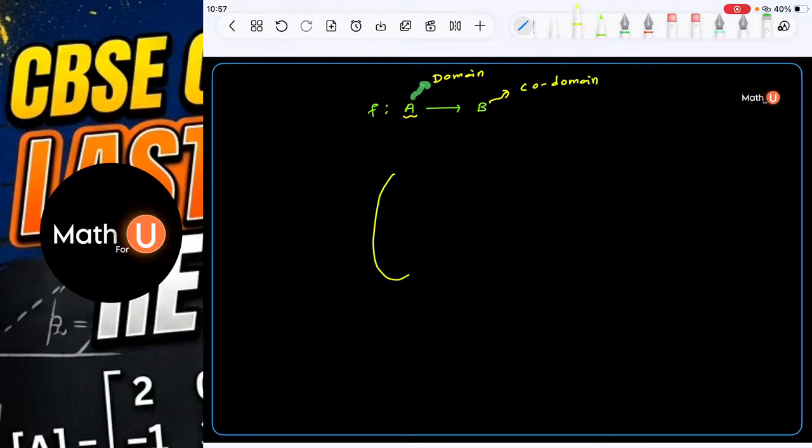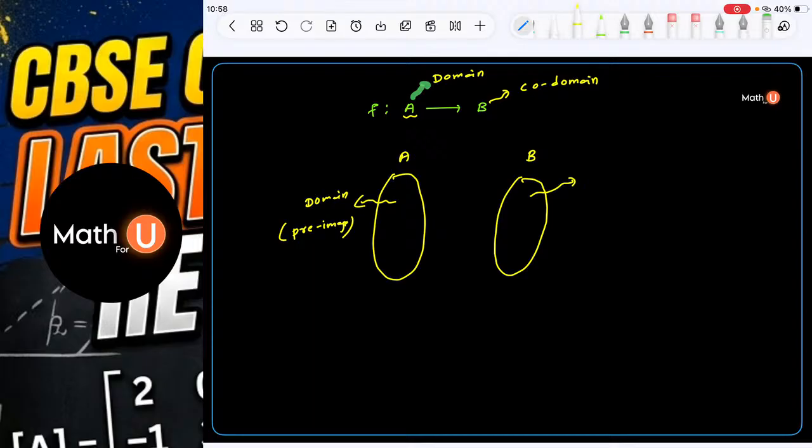This is a set A and there is a set B. There are two sets. The elements in set A are called the domain, which is also called the preimage. The elements of set B are called codomain elements.